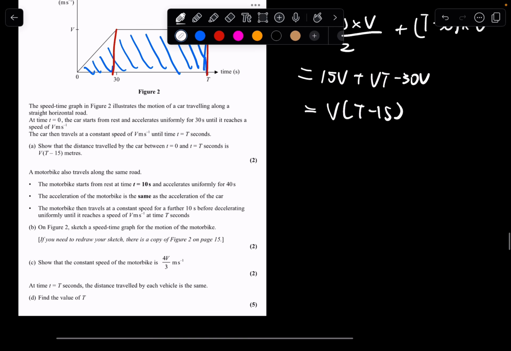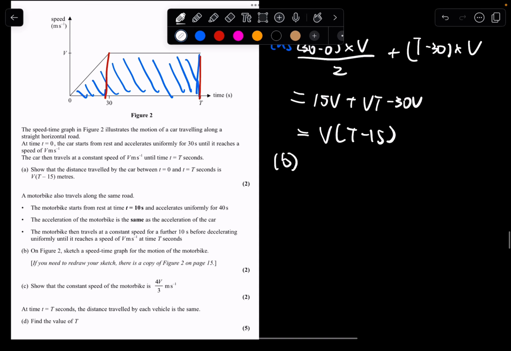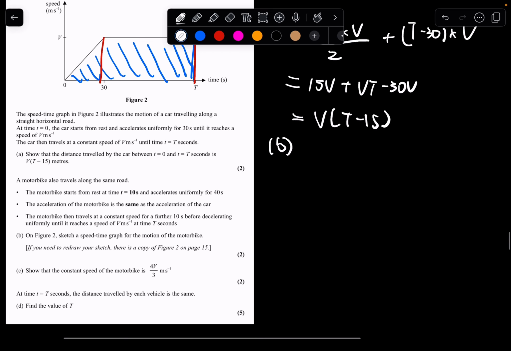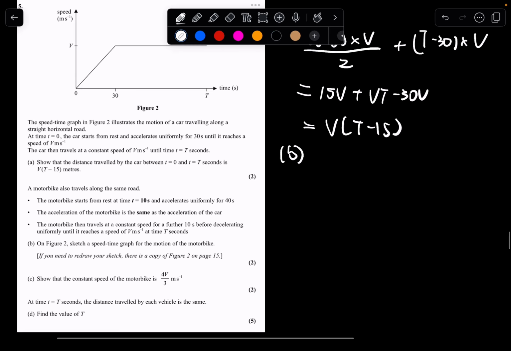And for part B, on figure 2, sketch a speed-time diagram for the motion. We know that the motorbike starts from rest at time t equals 10 seconds and accelerates uniformly. Wait, I have to read this for a while. I'll have to sketch another one. So it says from rest.